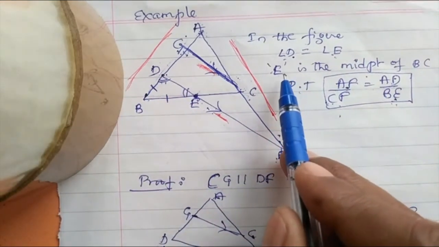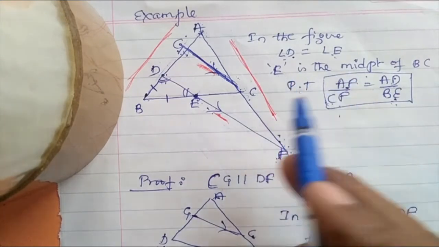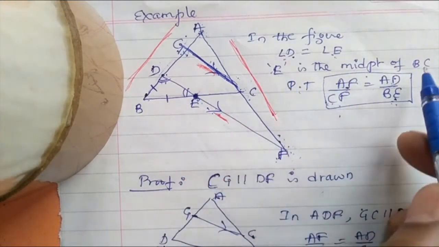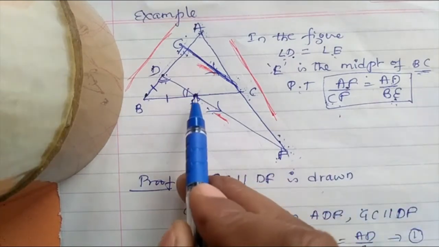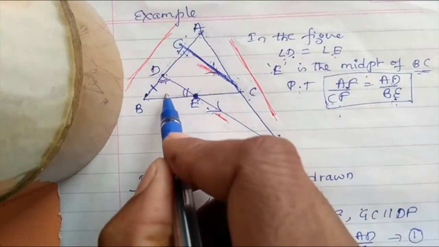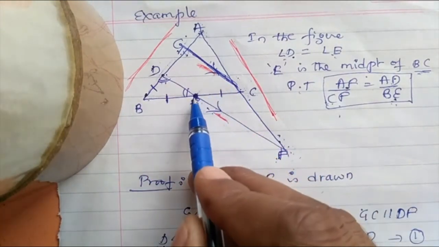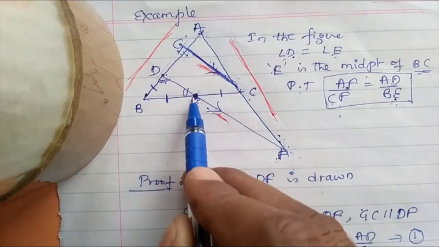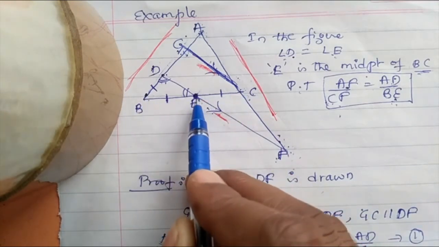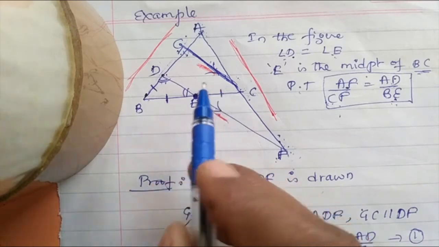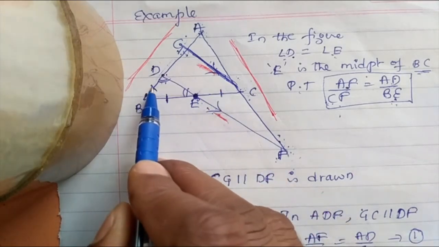And also they gave one more clue, that is E is the midpoint of BC. If E is the midpoint of BC, then this part equals this, because of the midpoint, these two parts are equal. B to E length, E to C length are equal. So already BE equals BD, isosceles triangle.